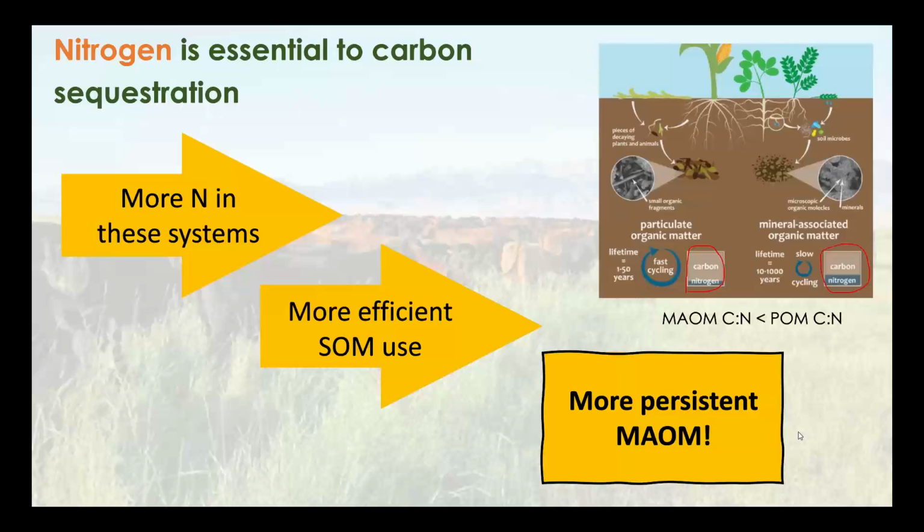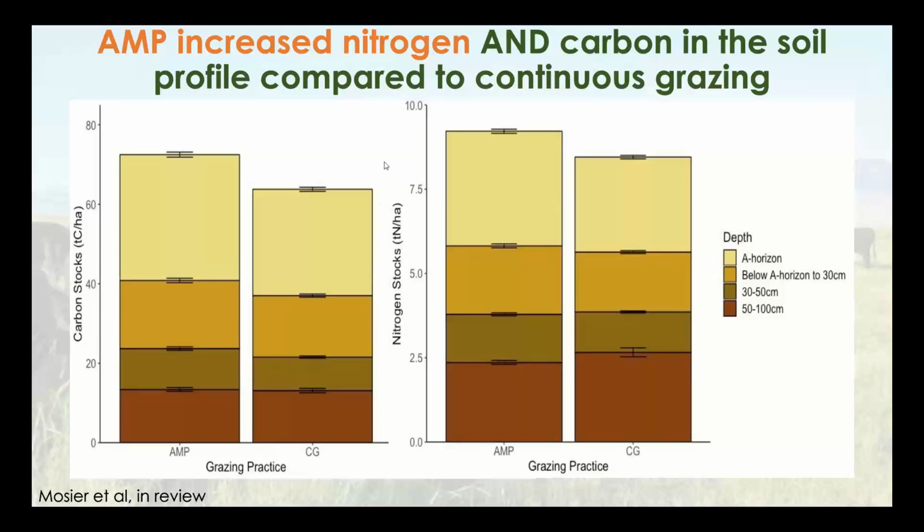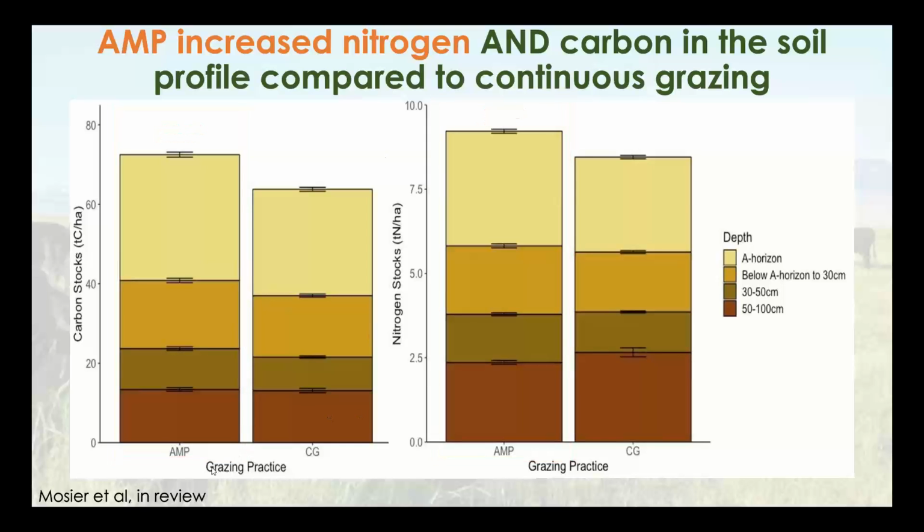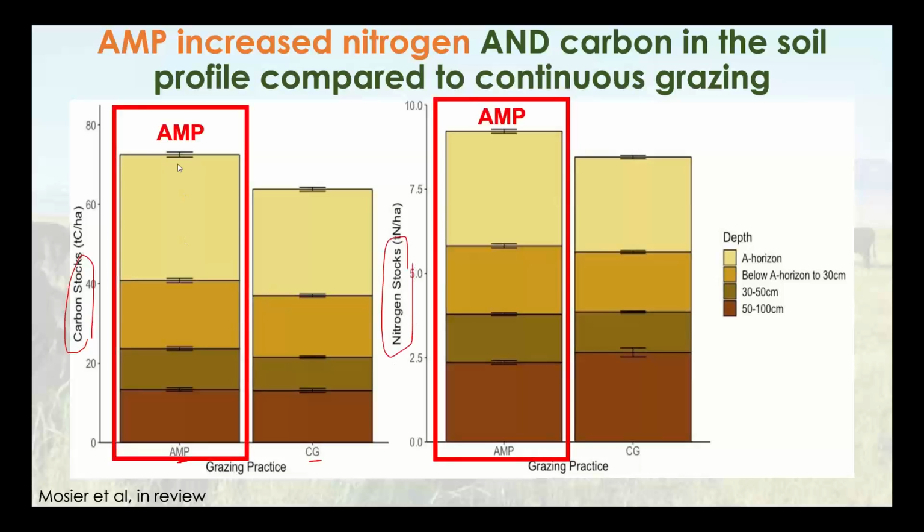carbon in the system. So what was interesting was in this study, they also looked at nitrogen. Again, you're looking at AMP grazing as the first bar and continuous grazing as the second for both figures. The first figure is looking at carbon stocks and the second figure is looking at nitrogen stocks. And so not only did the AMP grazing system increase carbon stocks, it also increased nitrogen stocks in the system.